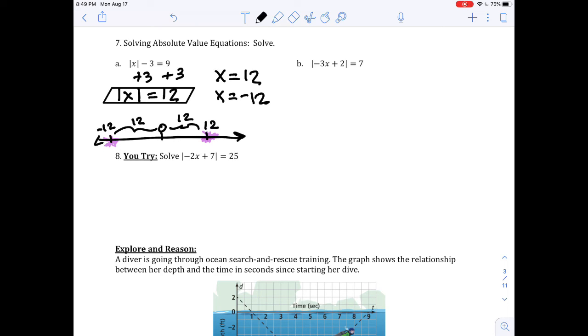Okay, B. So for B, the absolute value is already isolated. So what we're going to do is set up 2 equations because we know that if the distance to 0 is 7, that can occur at positive 7 or at negative 7.